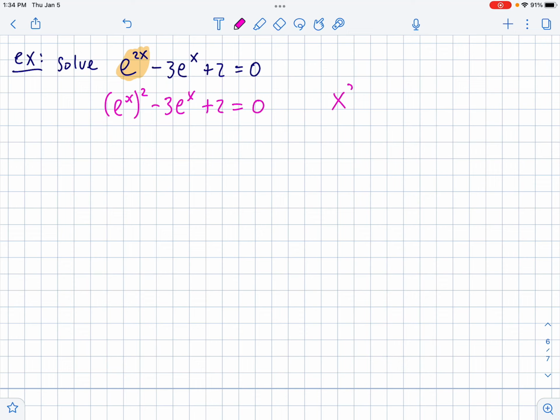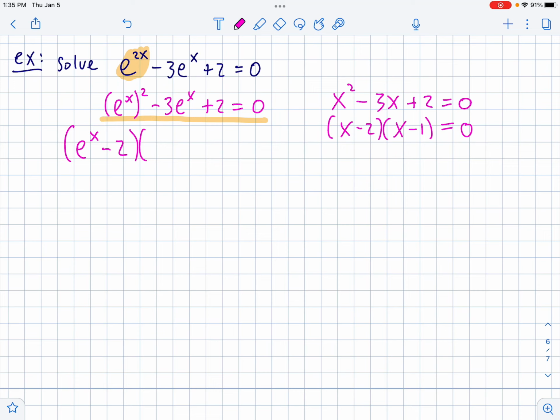It's very similar to x squared minus 3x plus 2 is equal to 0, which you can factor into x minus 2 and x minus 1, and then set them equal to 0. So over here, it's the same thing, because when you square e to the x, you get e to the 2x. So this factors into e to the x minus 2 and e to the x minus 1.